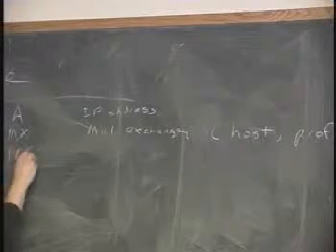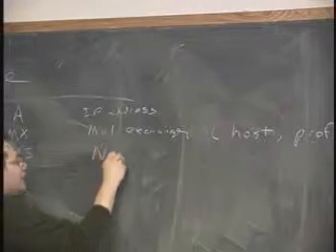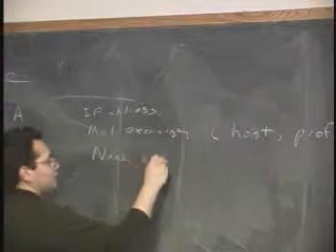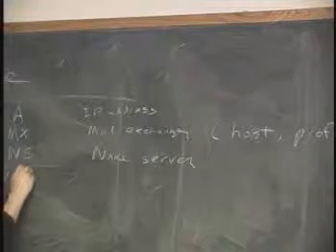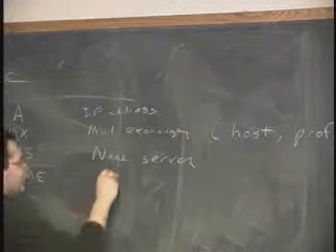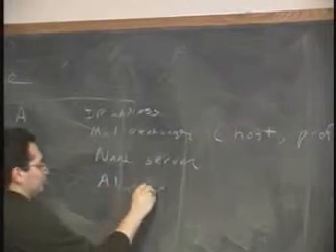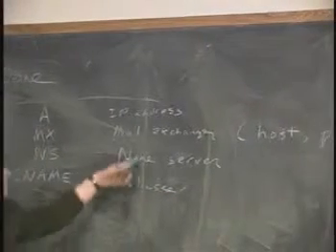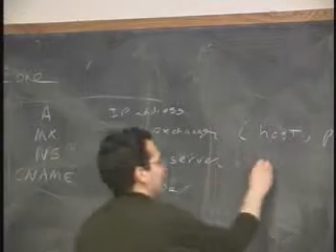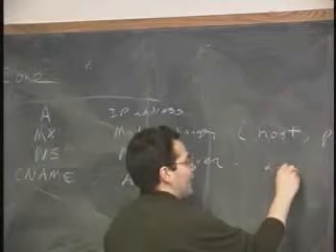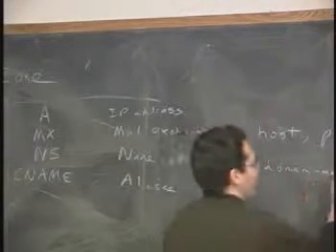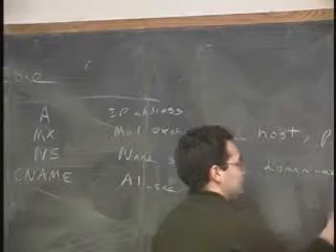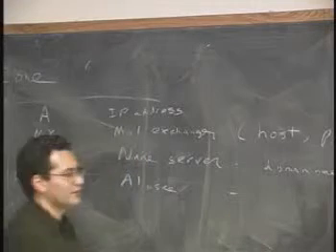You have records of type NS, which is name server. And you also have records of type CNAME, which are aliases. Now, for name server and aliases, the values can either be a domain name or a piece of it, or an IP address. And the same for the alias.